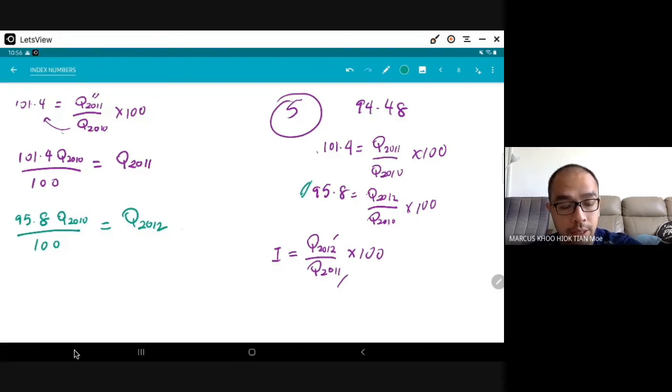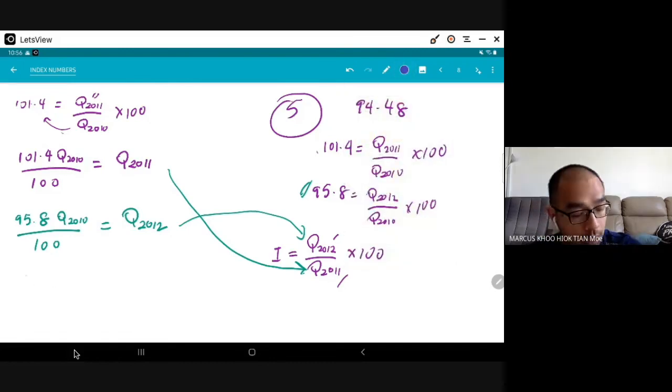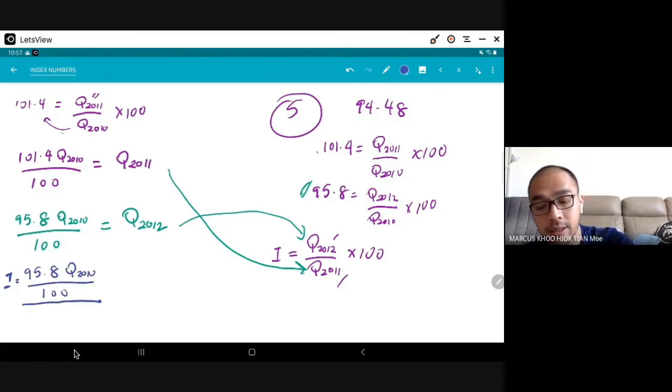Okay, so when I put this inside here and I put this inside here, what I'm going to get is, oh my word, it's complicated. Oh no, change color. I equals to 95.8 times 2010 over 100, over, okay, then I put the 2011 one inside this one, 101.4 times 2010 over 100, then I have to times 100 again.